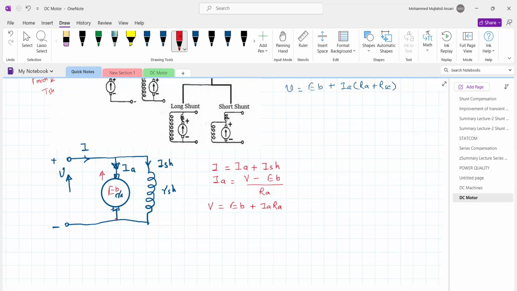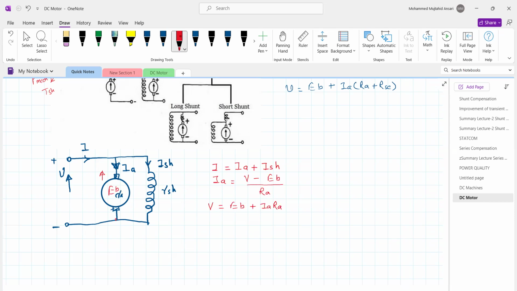The same holds for the DC shunt motor: the supply voltage is greater than the back EMF. Only in the case of the long shunt compound motor are the armature resistance and series field resistance both in series, and the current in both elements is the same.